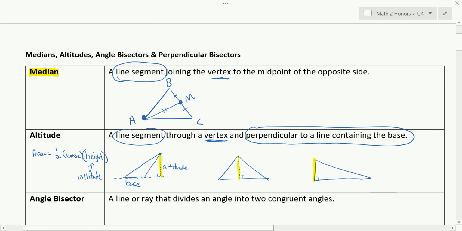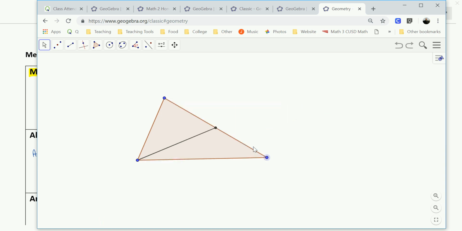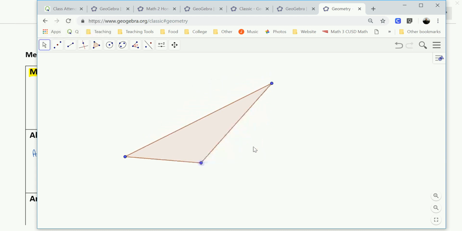Okay. This one is probably the hardest to construct, and I'm going to have you guys constructing it tomorrow. So watch what I'm going to do here and see if you can remember it for tomorrow. Let me undo what I did here. If I wanted to construct the altitude, I'd start with an obtuse triangle.